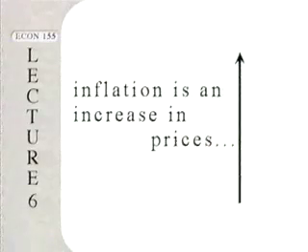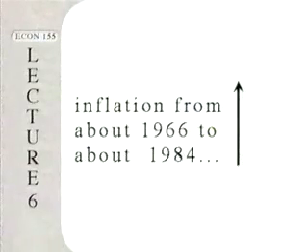Rising prices. Increase in price, P. And that started in 1966, and it continued on to, I'm going to say about it depends on how you count these things, but about 1980, I'm going to say 4.